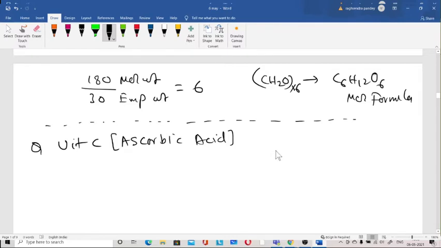Okay, so vitamin C is a type of alcohol basically. Although we write acid, it is alcohol.